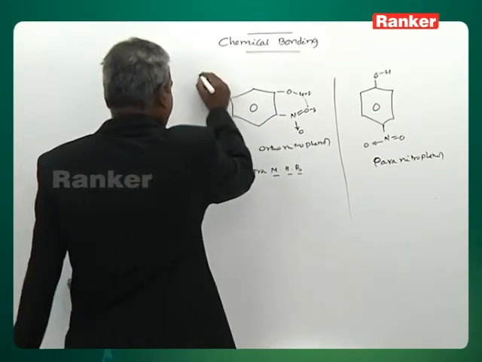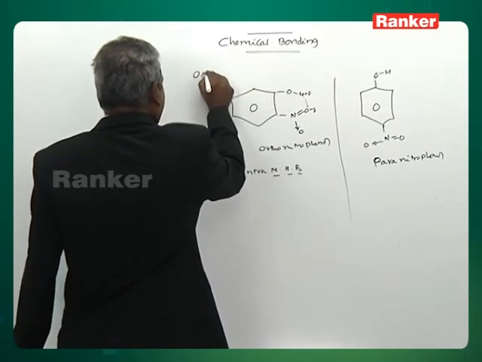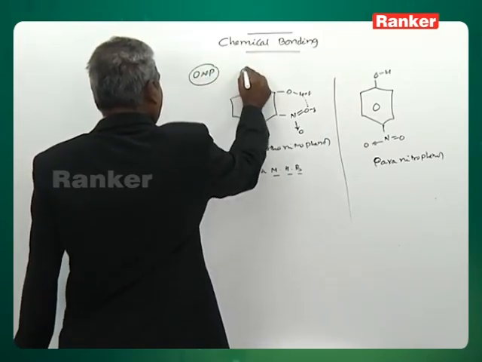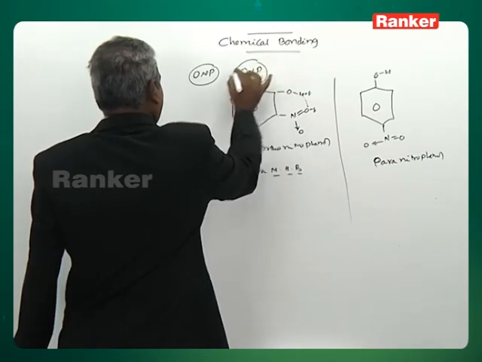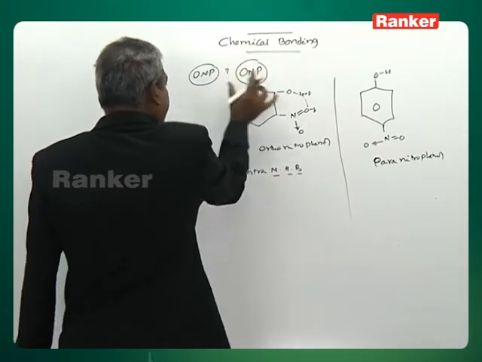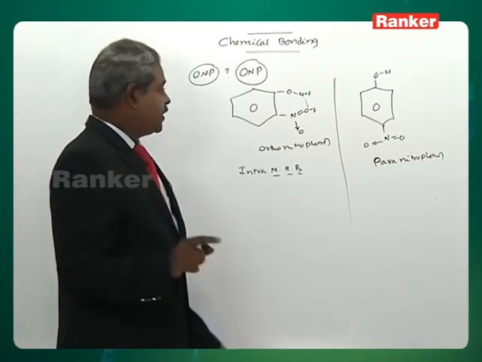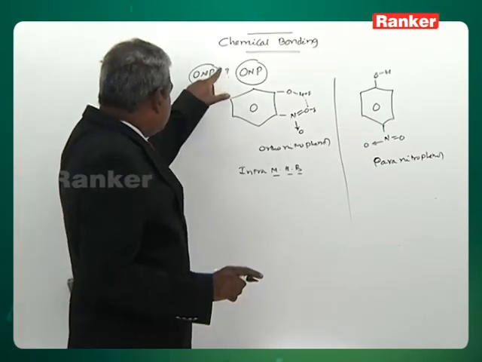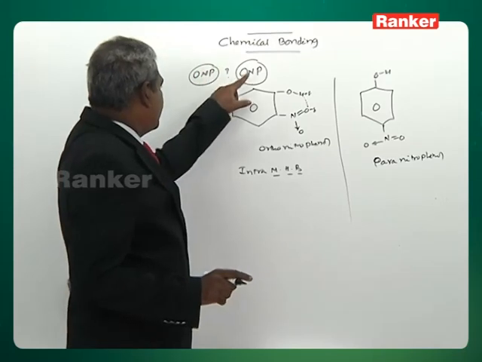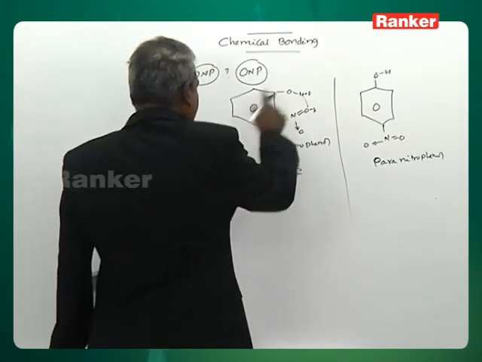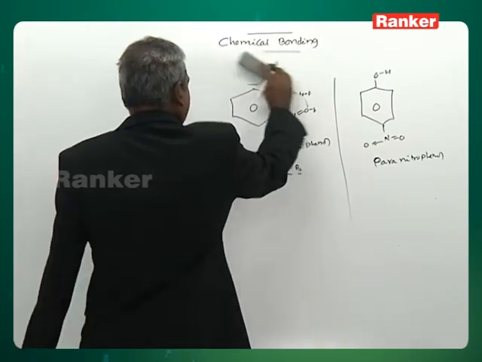So, what exists between orthonitrophenol and orthonitrophenol? Virtually nothing. There is no force between two molecules. I repeat, I am interested in attractions between one molecule and the other, but this is intramolecular attraction that doesn't bring about much change.